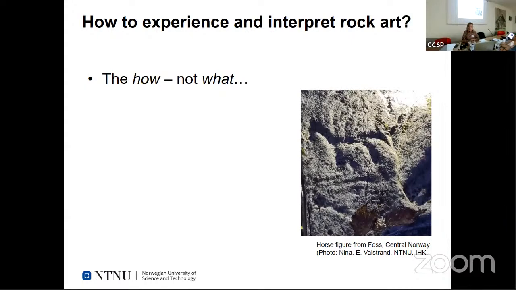This presentation deals with the how, testing different agents that could be relevant for our understanding of how the images should be seen or could be seen. It's more like trying to hear the words than trying to understand them. So this is difficult to get a grip on, like catching sand, and it's even more difficult to document these aspects of rock art.